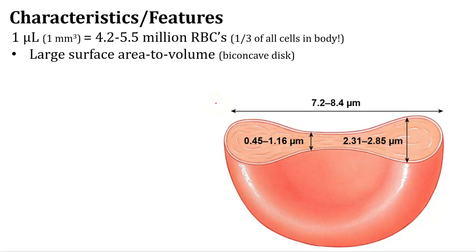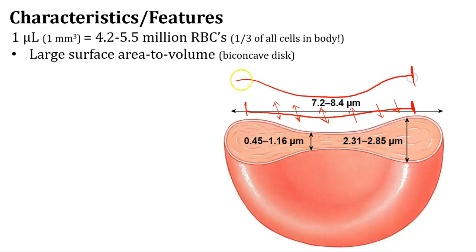And what this does is it increases the surface area. Like if I was to just draw a straight line straight across here, that would be the length of the line. And gas exchange can participate across the surface of the cell. So that would be the surface area for gas exchange or absorption of gas that can occur. If I was to bend the line, it would look more like this.